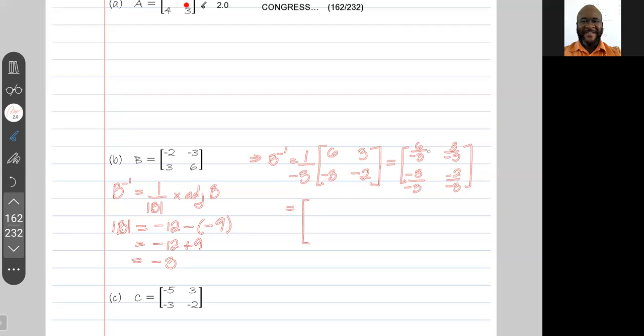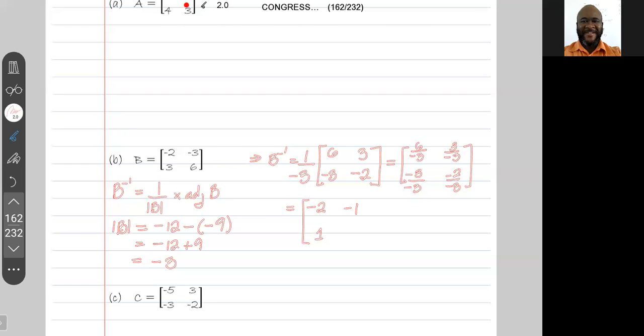Therefore, 6 divided by minus 3 is minus 2. 3 divided by minus 3 is minus 1. A positive divided by a negative is a negative. Now minus 3 divided by minus 3 is positive 1. A negative divided by a negative is a positive.